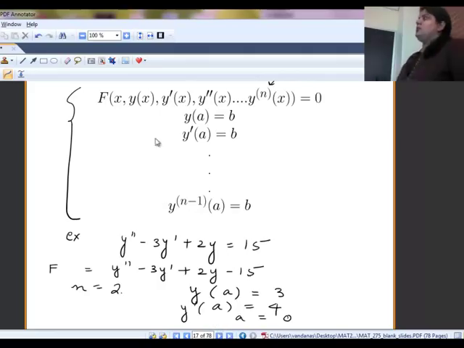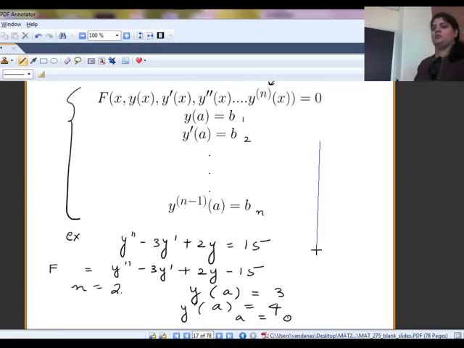Now you can see this a is the same in both conditions, so x is the same. You might say y has to be the same too. No, it can be different. An initial condition means you are specifying, at x equals a, what the solution behavior is.